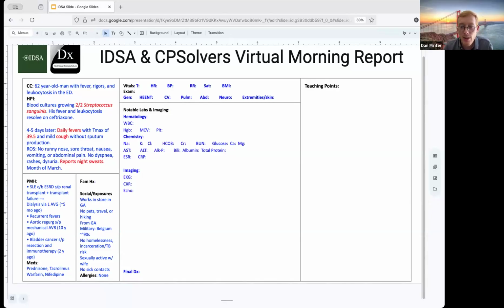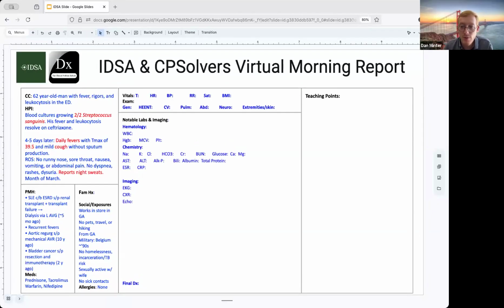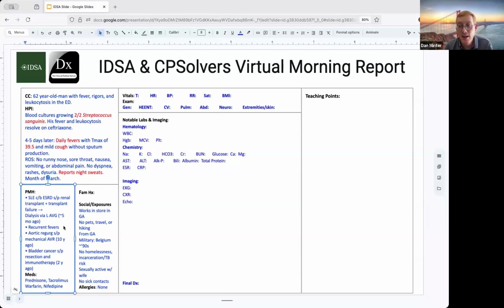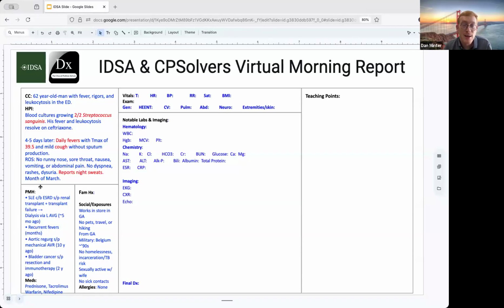Classically, in the absence of rejection, there are three well-trodden timelines. In the first month after transplant, your immunosuppression hasn't fully kicked in, you're often still sick in the hospital, so nosocomial infections are a little more common than opportunistic or reactivated infections.